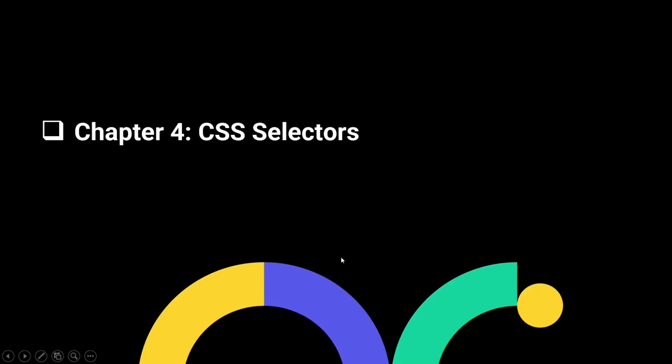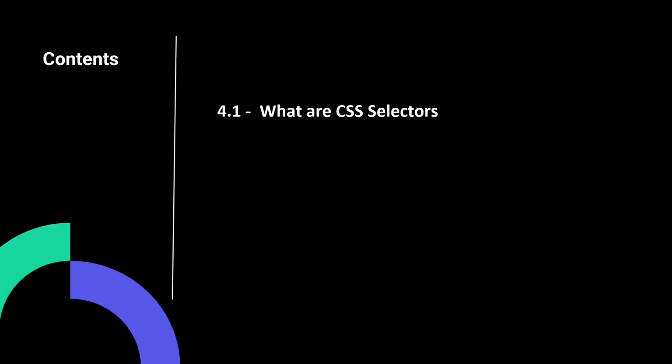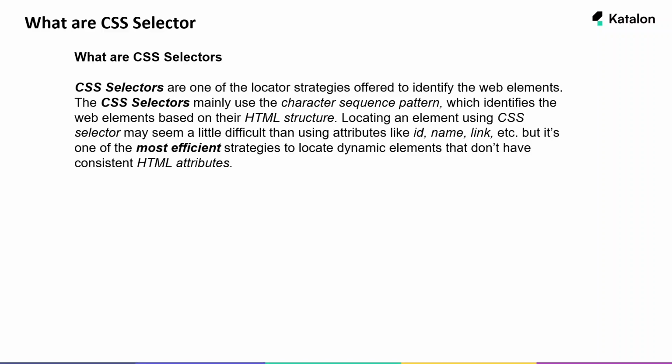This is our chapter 4, where you will learn more about CSS selectors. As part of section 1 in chapter 4, let us first understand what CSS selectors are. CSS selectors are one of the locator strategies offered to identify web elements.